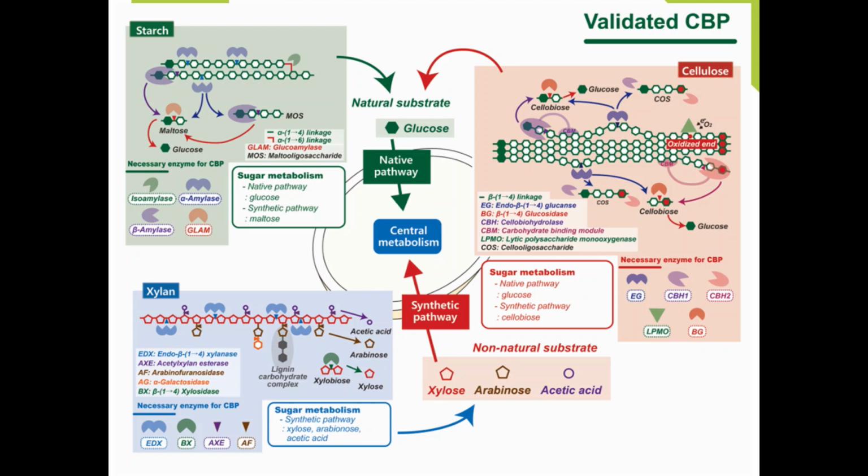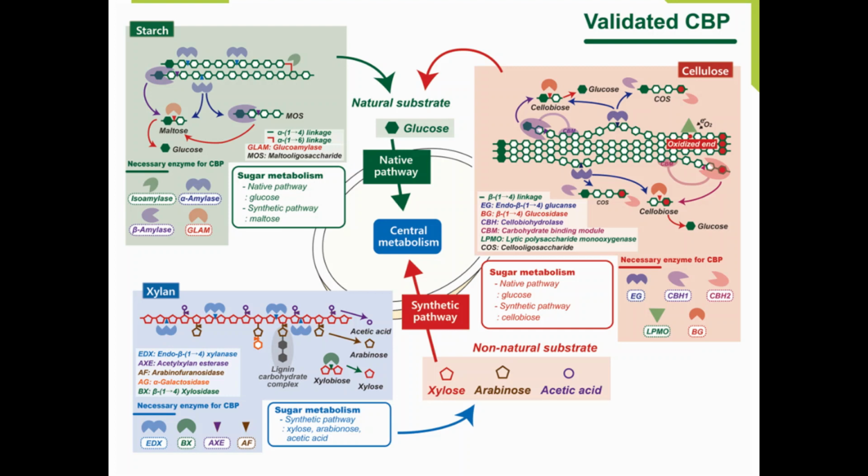What I mean by that is starch, xylan, and cellulose biomass. They usually need to be pre-treated first before it's put into the fermentation process, but in a consolidated bioprocess, the microbial cell factory that we have is already capable of hydrolyzing these starch, cellulose, and xylan so that it can produce the sugars from it.